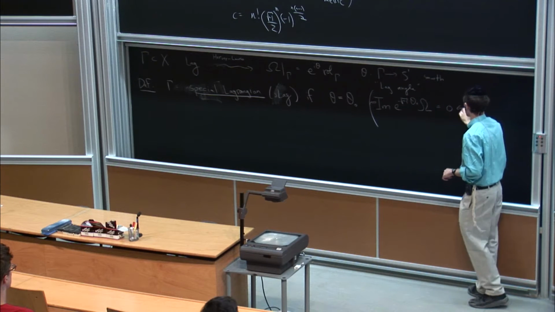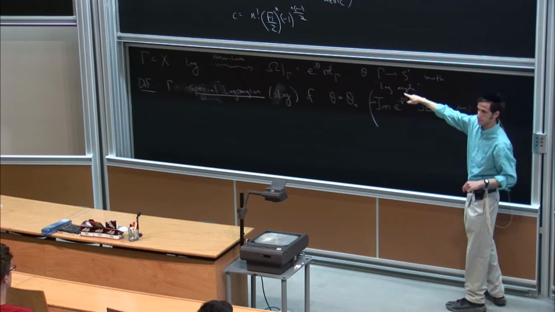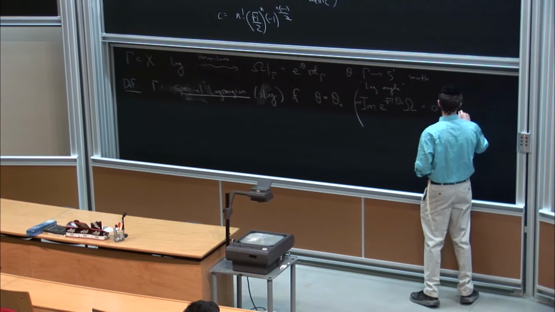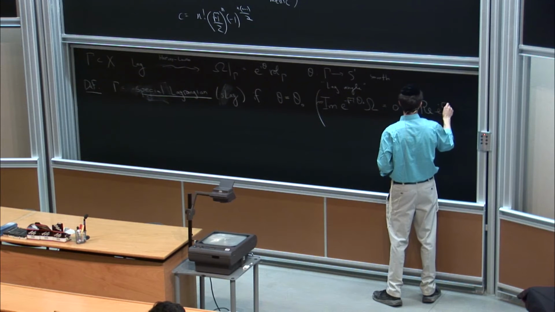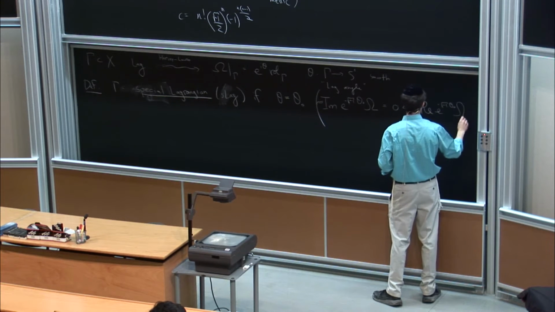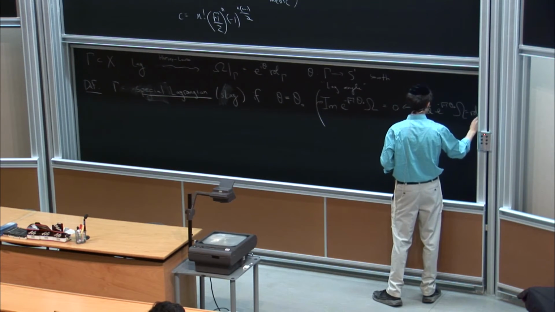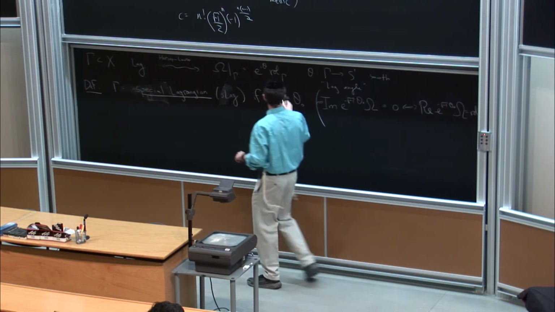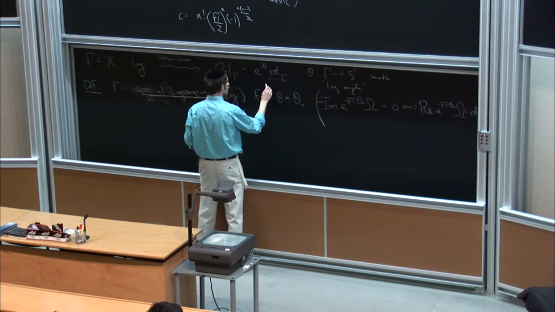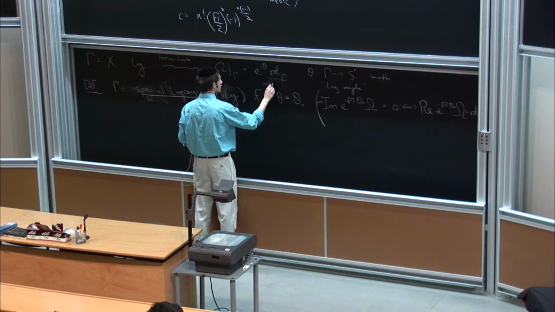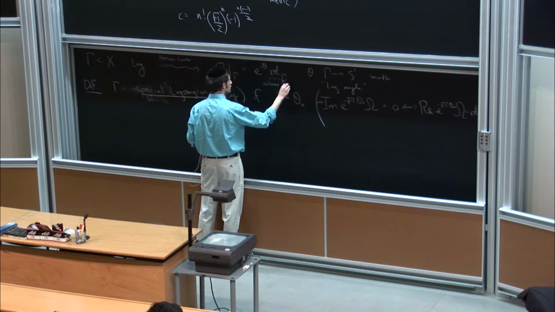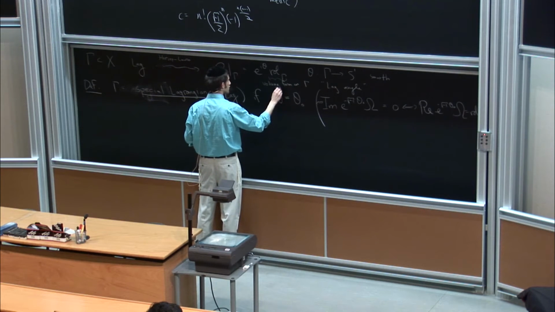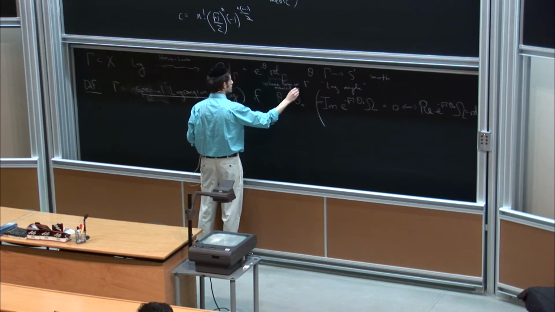Or alternatively, by what's written above, this is the same thing as saying that the real part of e^{-i theta naught} Omega is equal to the volume form induced by G.